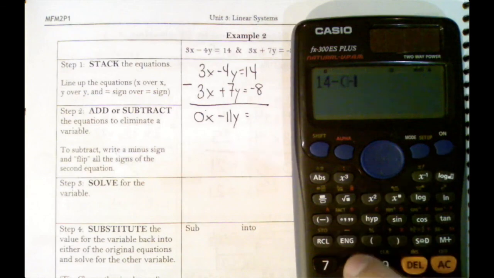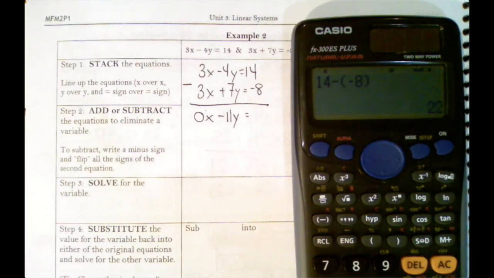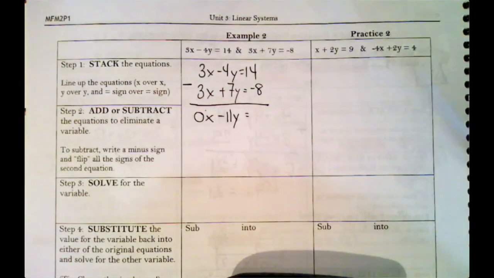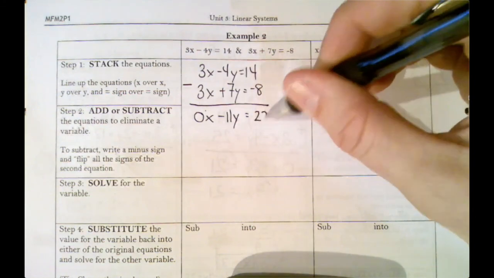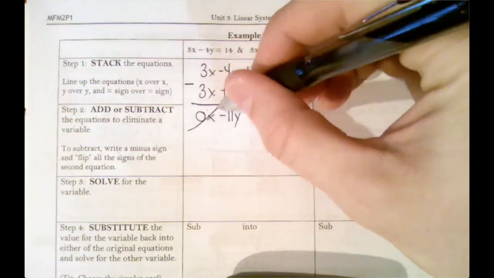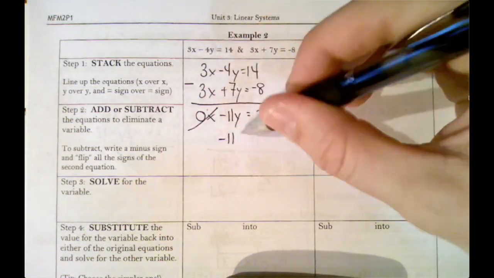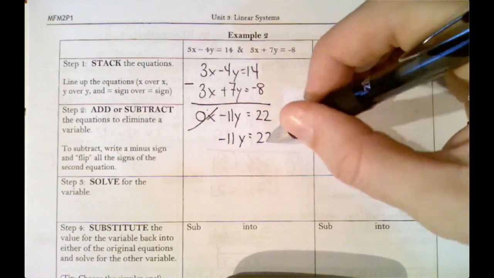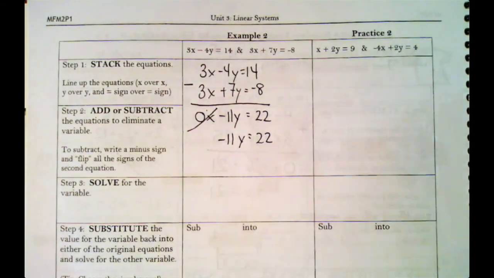In brackets, negative 8. And we end up with 22. So that's our first step. Let's take it one further. Let's eliminate that 0, and we just have negative 11y equals 22. And that's our stack and add, or stack and subtract.